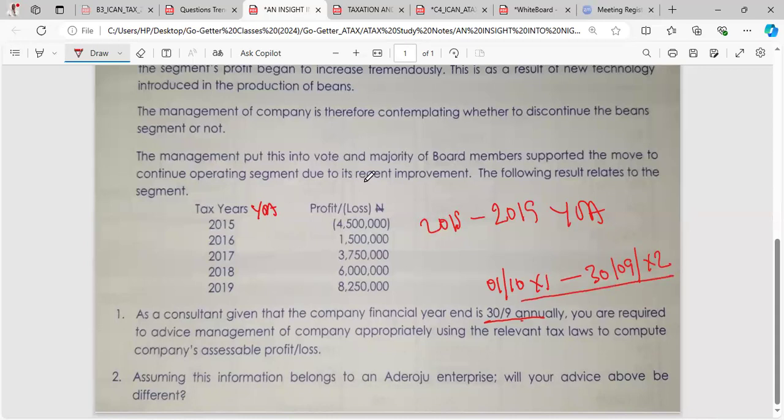You are required to advise management of the company appropriately, using the relevant tax law, to compute the company's assessable profit and loss. We are not asked to compute tax, only assessable profit or loss.